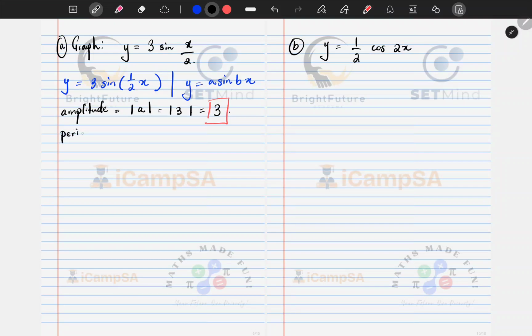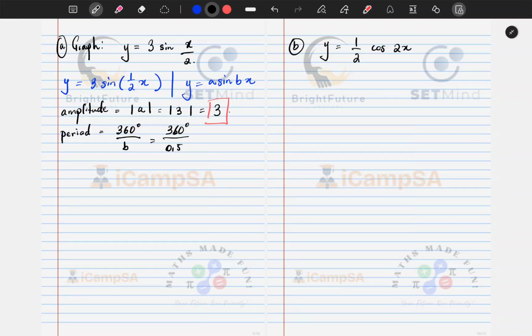Now what I need is my period. Remember, the formula to find the period is 360 degrees divided by b. So what is my b? My b is 0.5, or 1 over 2. So it's going to be 360 divided by 0.5, because 1 over 2 is the same thing as 0.5.